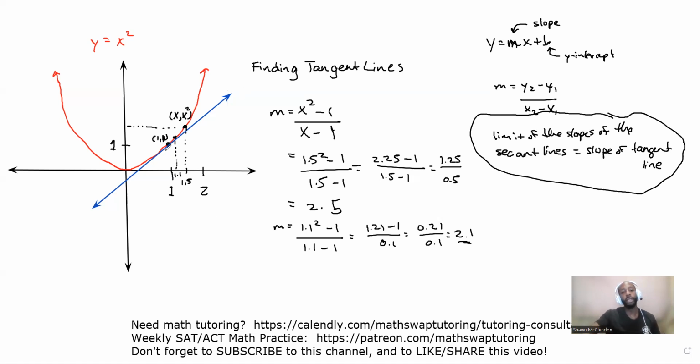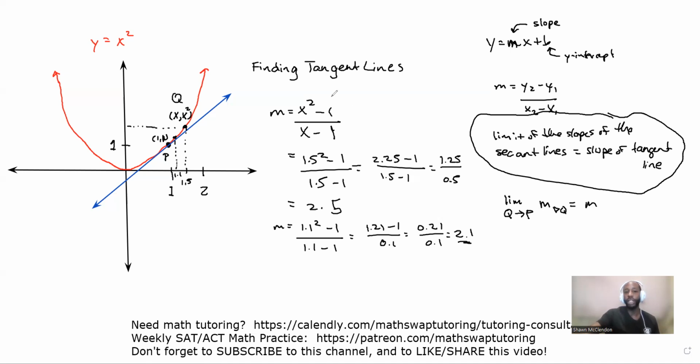Say for example this tangent point 1, 1 is P and this is Q. The way you would write this out is the limit as Q approaches P. In other words, as that second point you choose approaches the tangent point, the limit of the slope is equal to the slope of the tangent line.